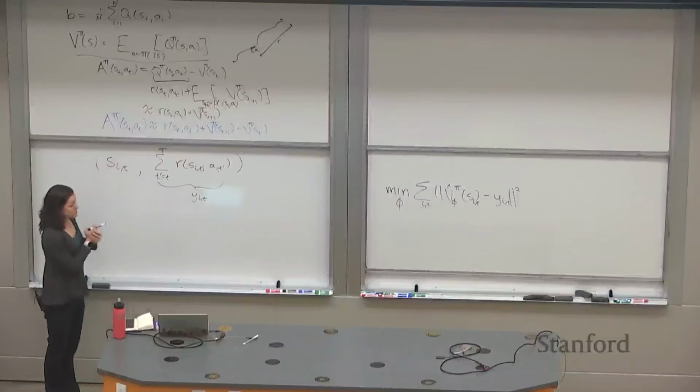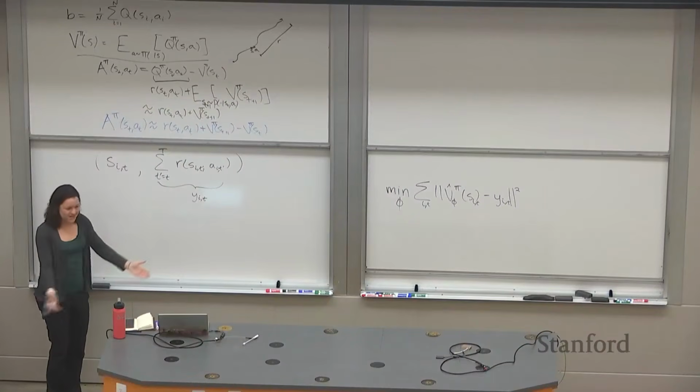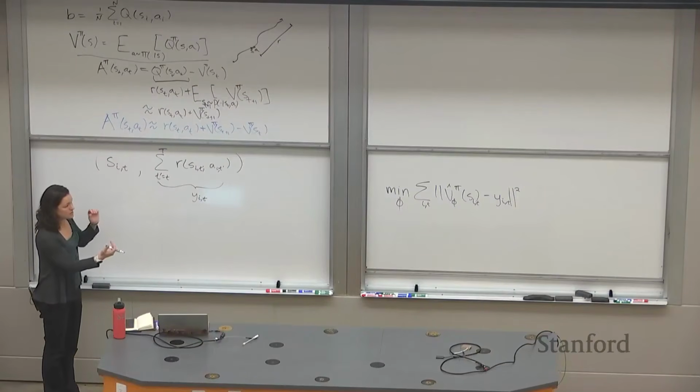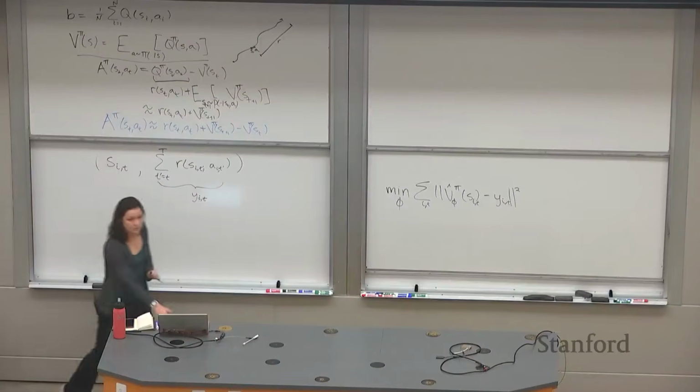Cool. So this is the simplest approach for training a value function. It's called Monte Carlo estimation, where you're just running lots of simulations, running lots of rollouts, and then trying to learn how to predict the outcome of the future rewards.